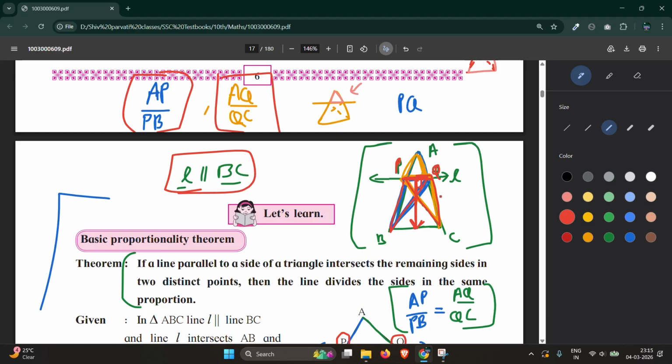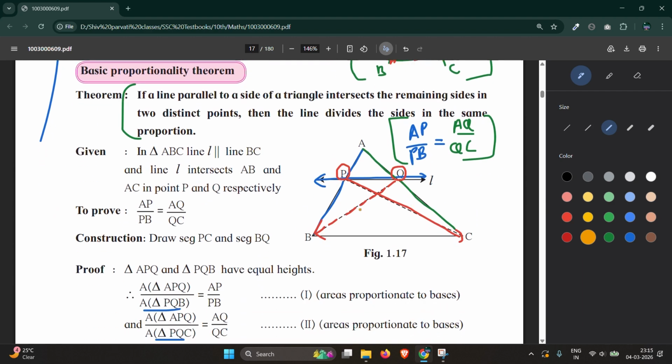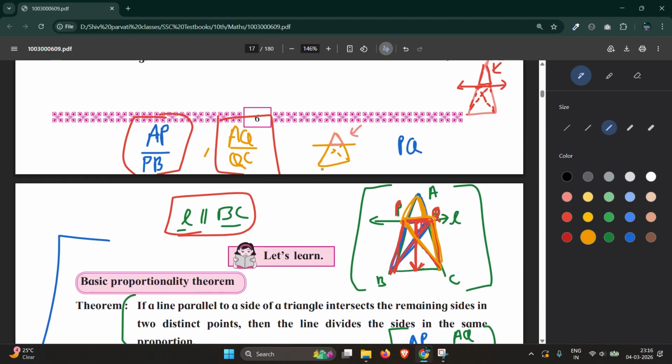So that is in a sense saying that the height of this triangle is the same as the height of this other triangle. So the height of triangle PQB is the same as the height of PQC, because this length over here is the height for both the triangles.